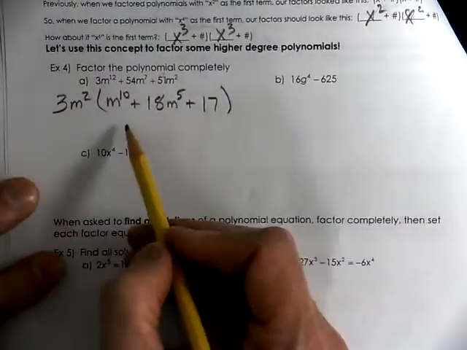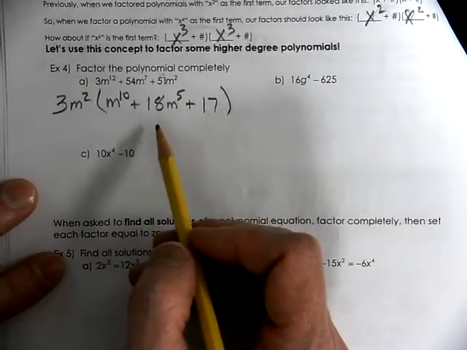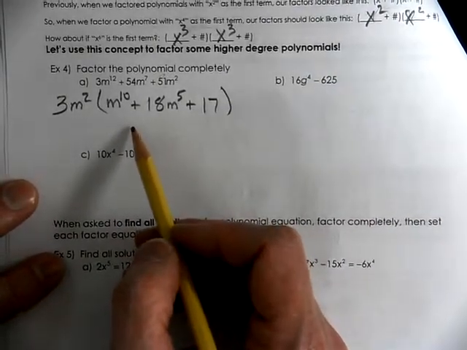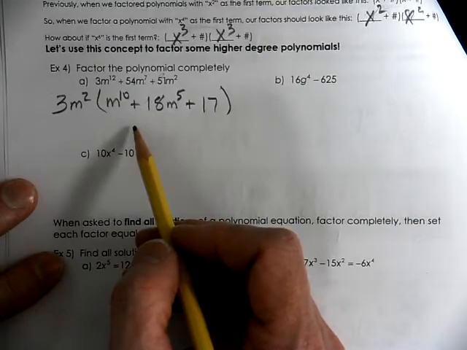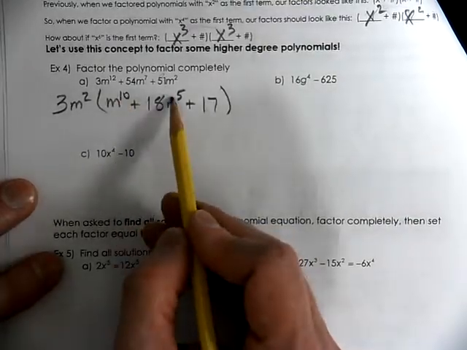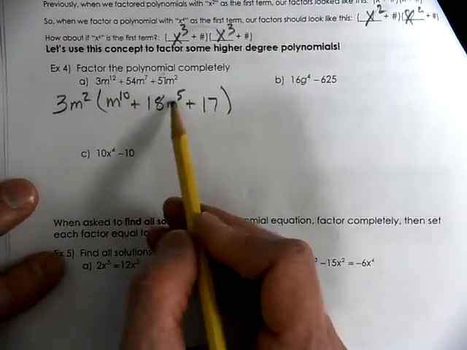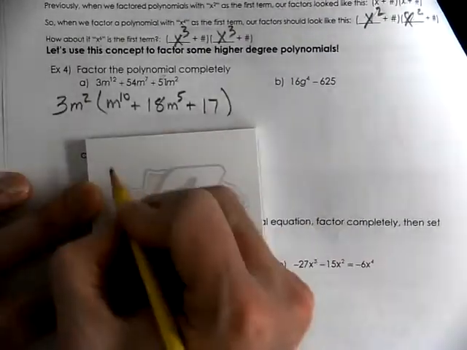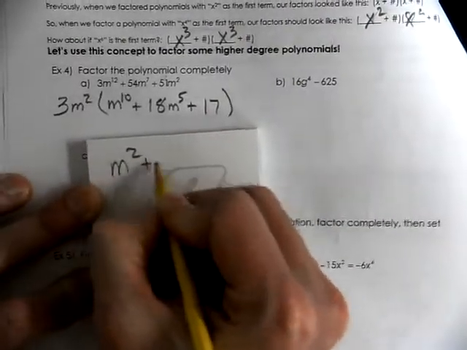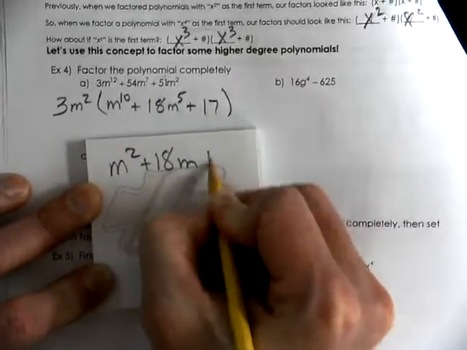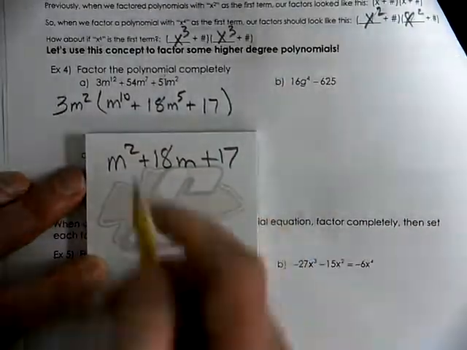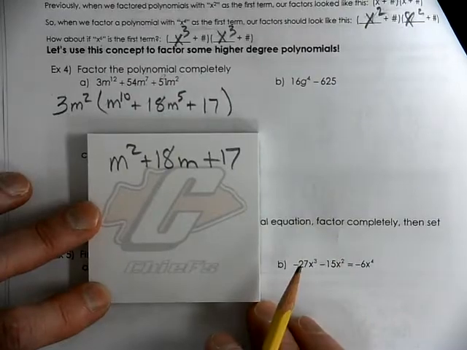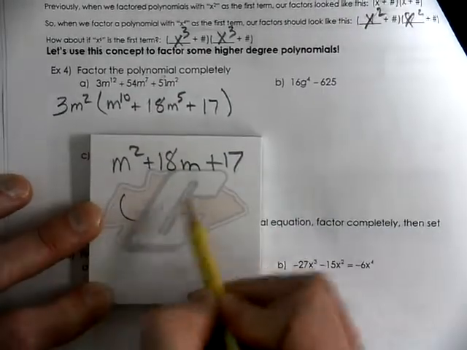Now, we would think before that we could not factor this. We can't do the 10th power. We don't have a rule for the 10th power. But notice how the 10 and the 5 are half of each other. Just like when we worked with a problem that would be m squared plus 18m plus 17. How would we factor that? This we wouldn't be too concerned about.